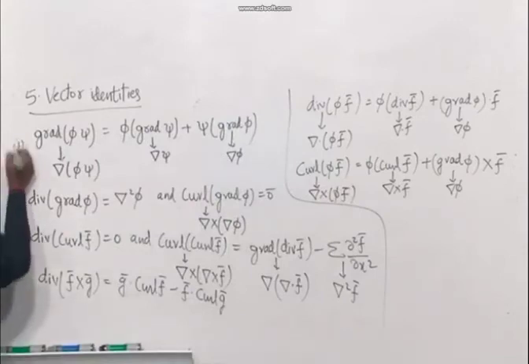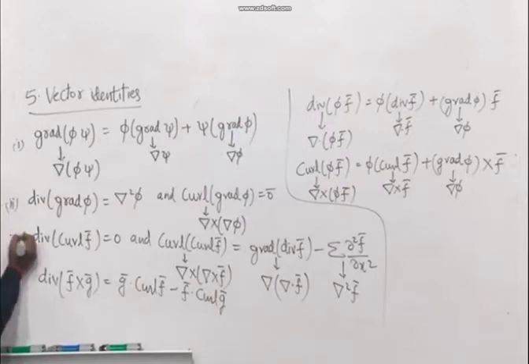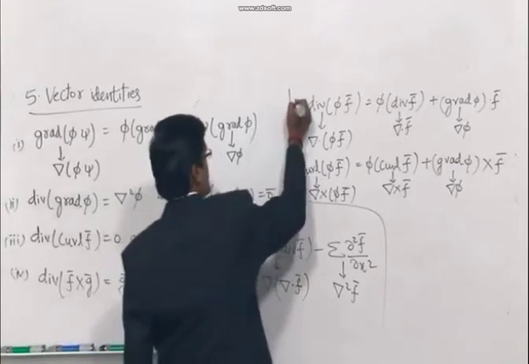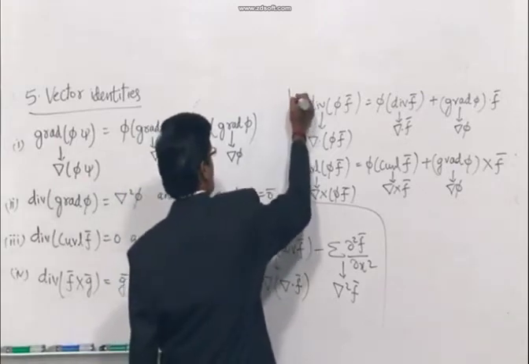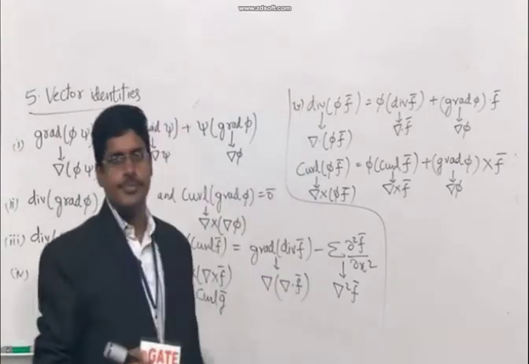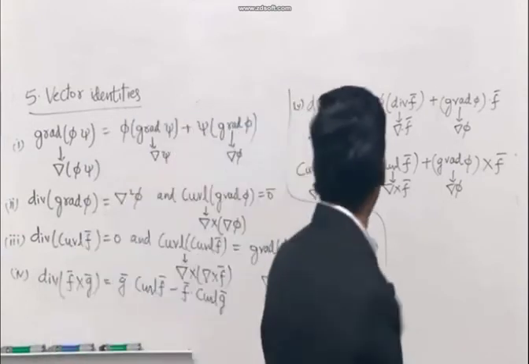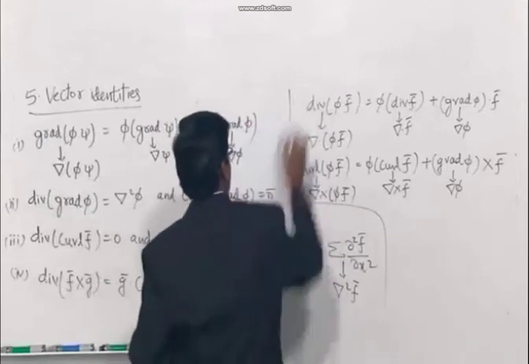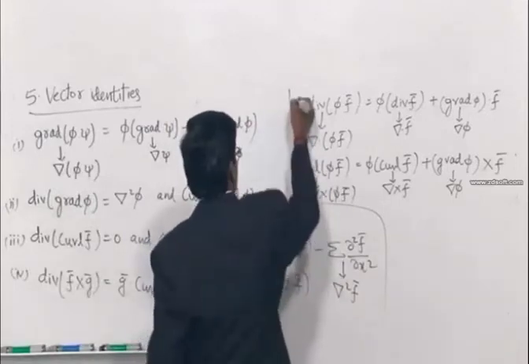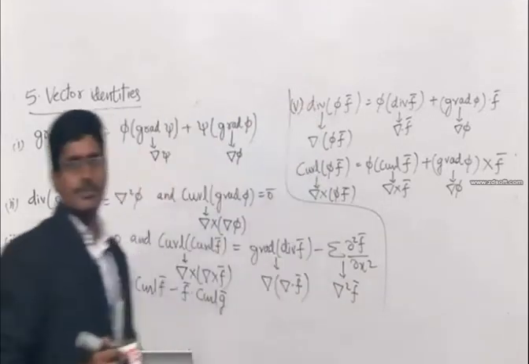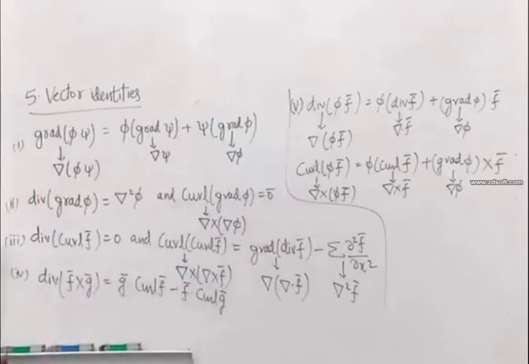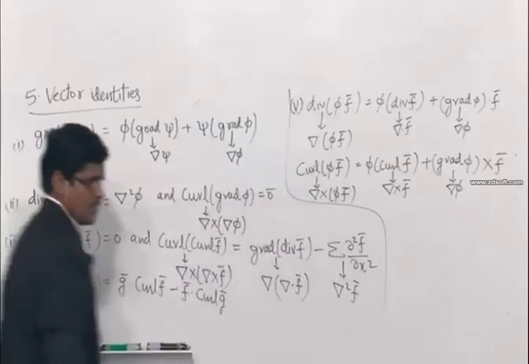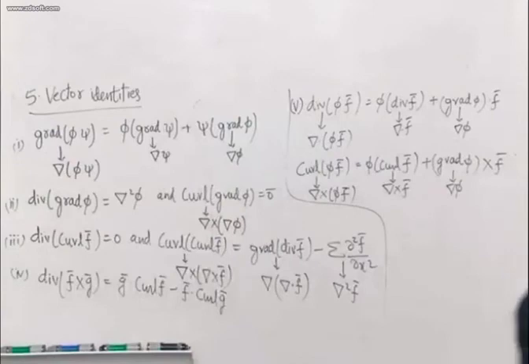So this is one, this is second, this is third, this is fourth, and this is fifth. Fifth result. Memorize these results.